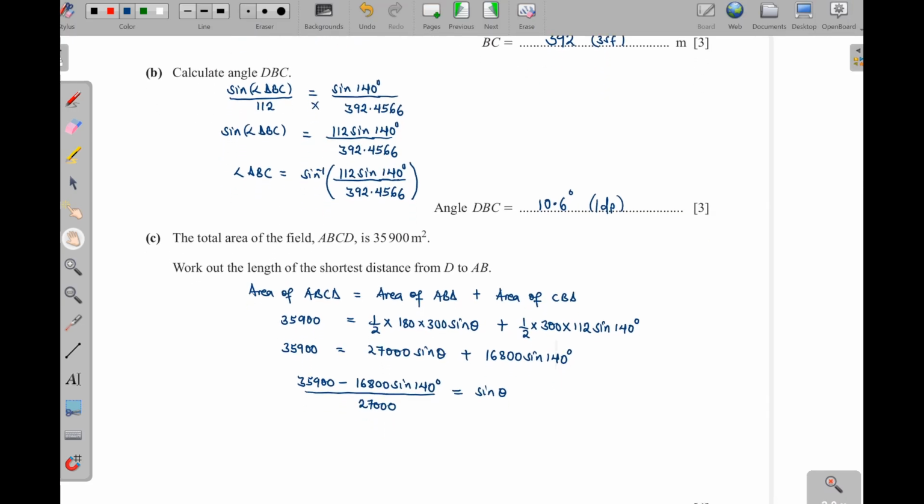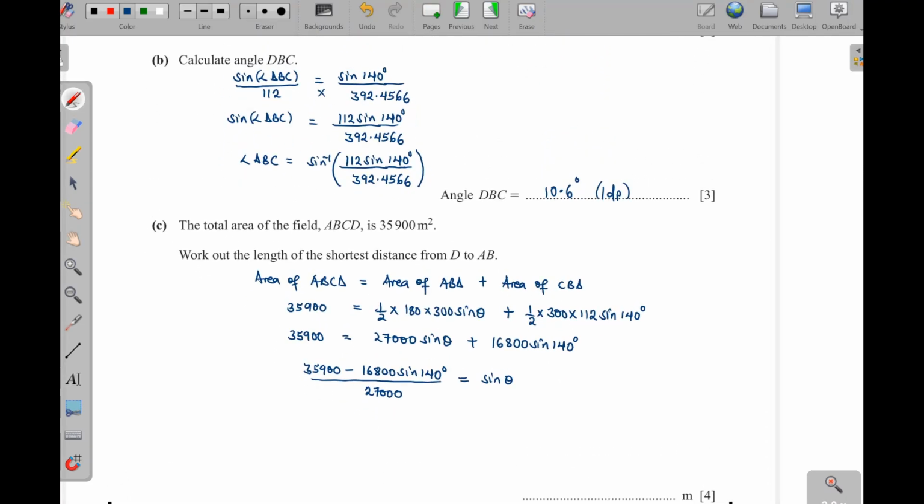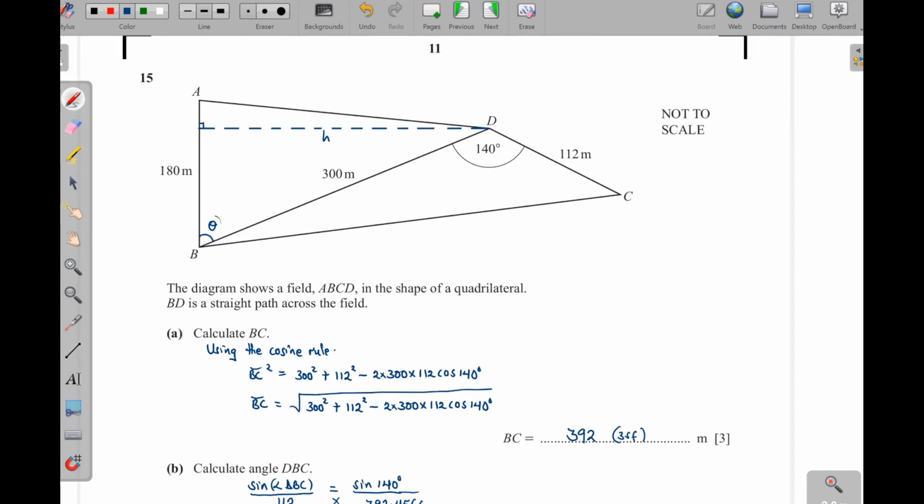Okay, now using SOHCAHTOA, because we have a right angled triangle, sine of theta is equal to h out of 300. You remember? Sine of theta is equal to the opposite, which is h, out of the hypotenuse.